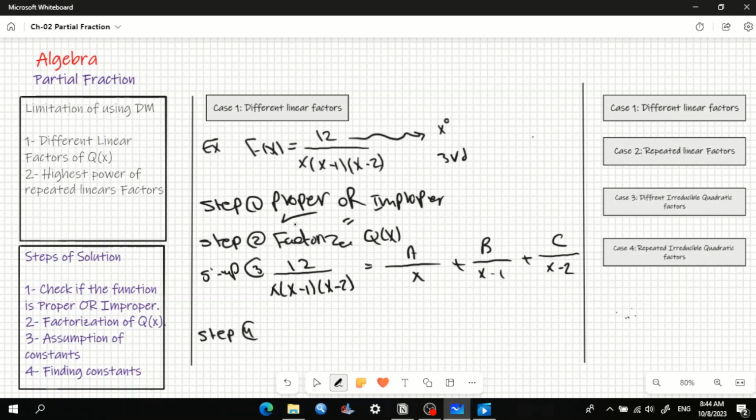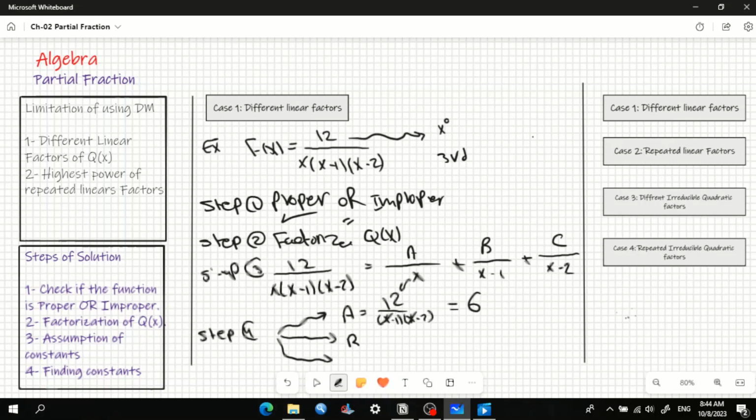If we use the direct method here, A will be equal to: just hide x from here and substitute with 0, which is the zero of this fraction. So we get 12 over (x minus 1)(x minus 2) with x equal to 0, so A equal to 6.